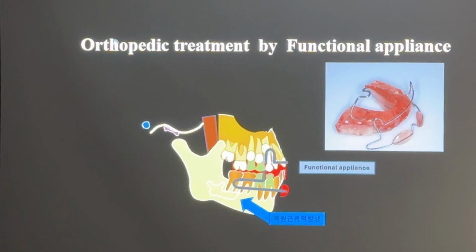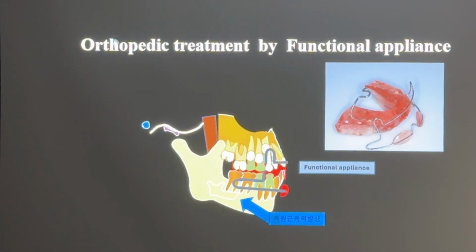It will disturb the chin development, and sometimes it will disturb mandible forward movement, forward growth. So during the functional appliance, we always make a lip screen.